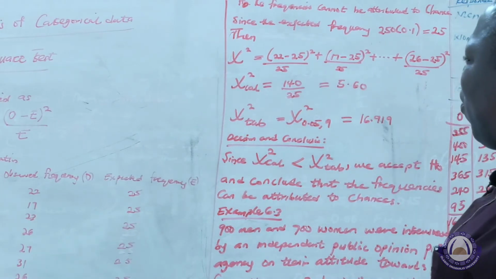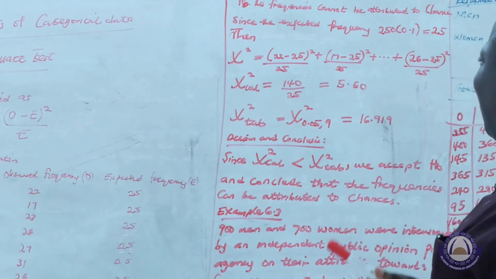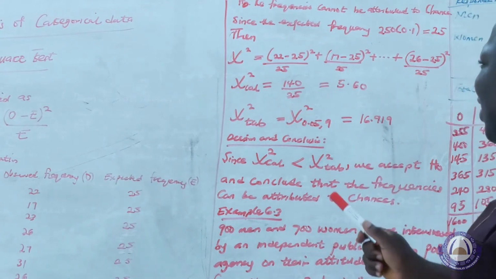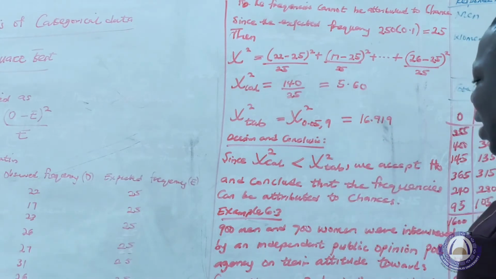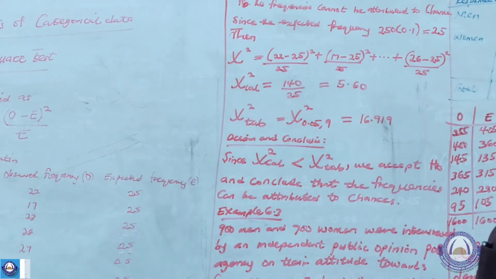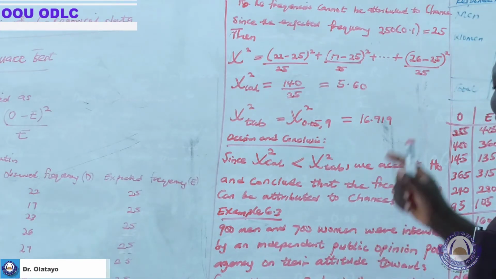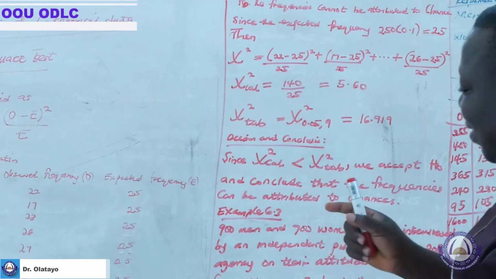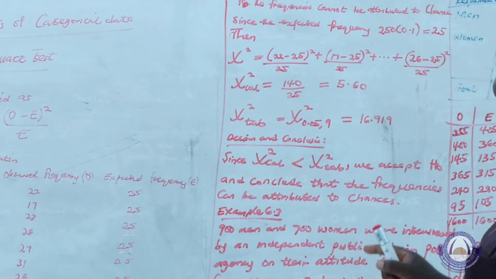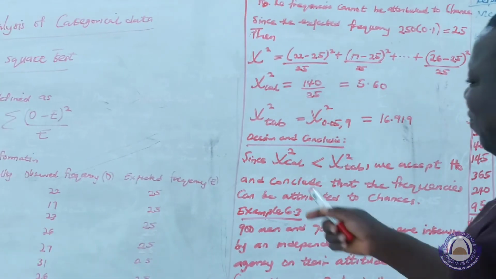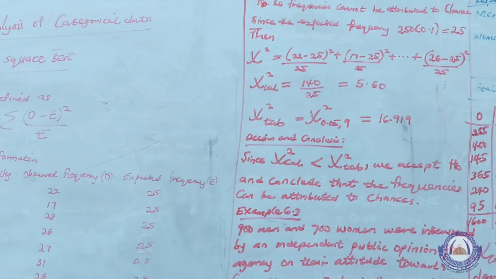Before we can know whether the frequencies can be attributed to chance or not, we have to compare the calculated value of chi-square with the tabulated value of chi-square. From the question given, this must be tested at the 0.05 level of significance, that is 95%, and the information given is from 0 to 9.